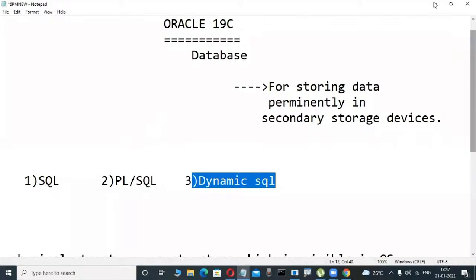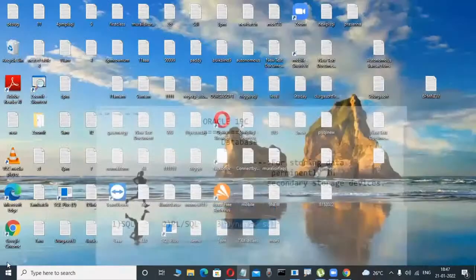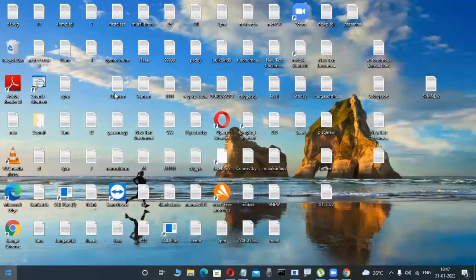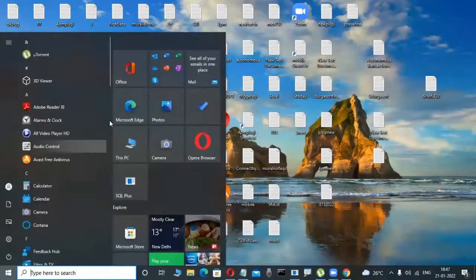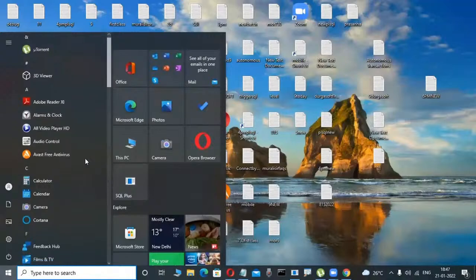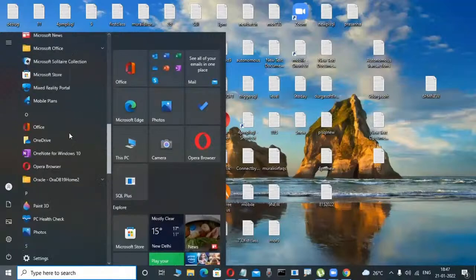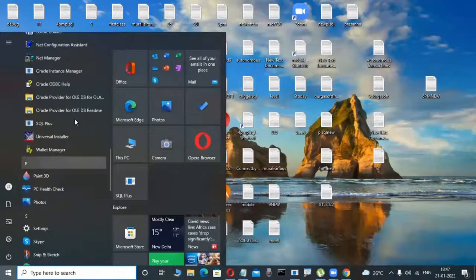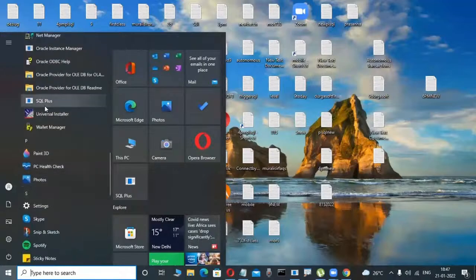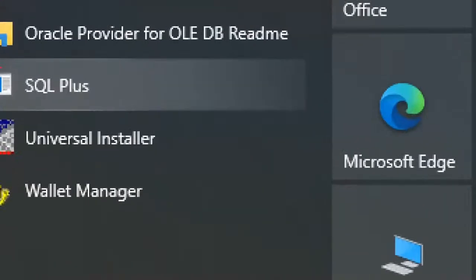Whenever I install Oracle software, the tool is automatically available. How do you install it, what are these tools, we are learning in our course. Don't worry. When I install this Oracle software, the SQL Plus tool is automatically there. Daily through this tool, we interact with the server.